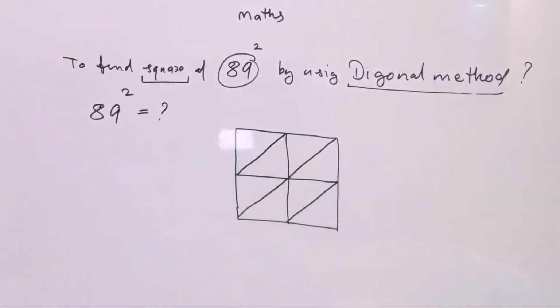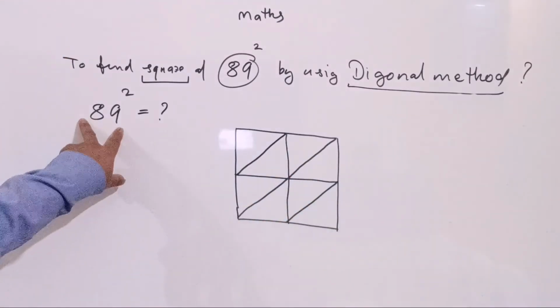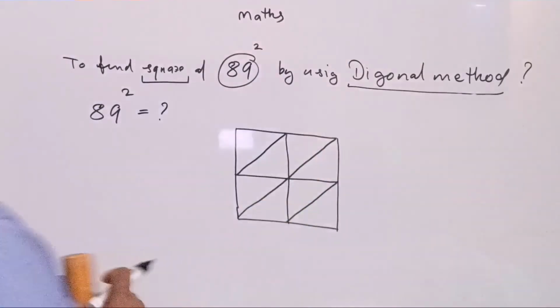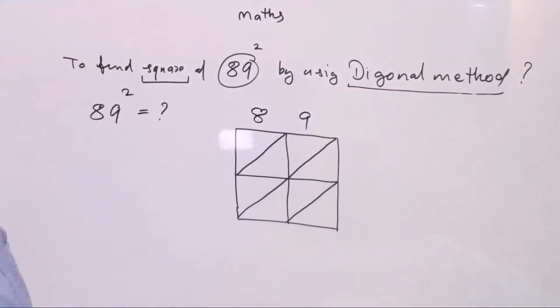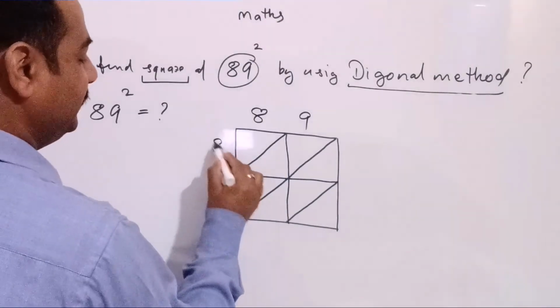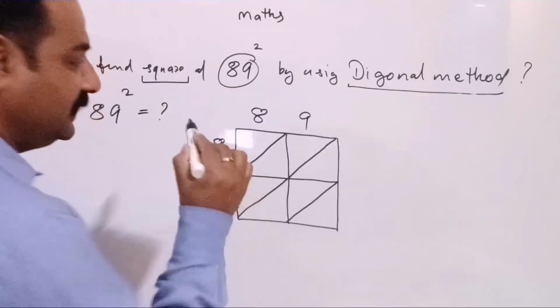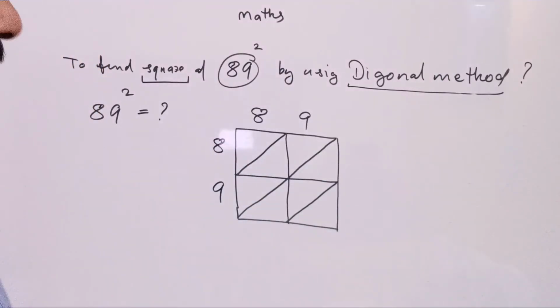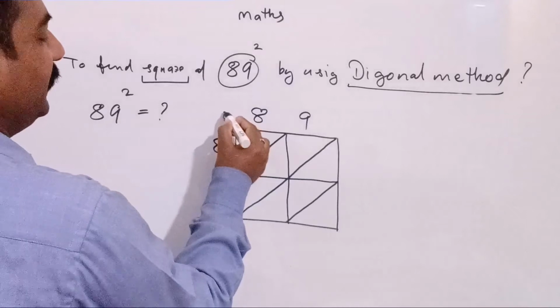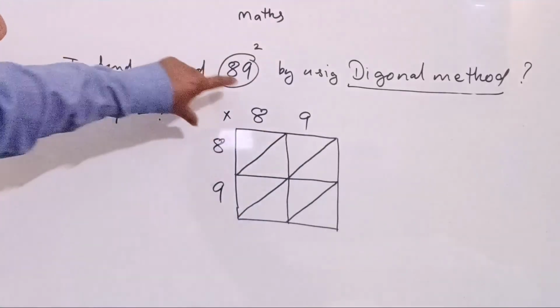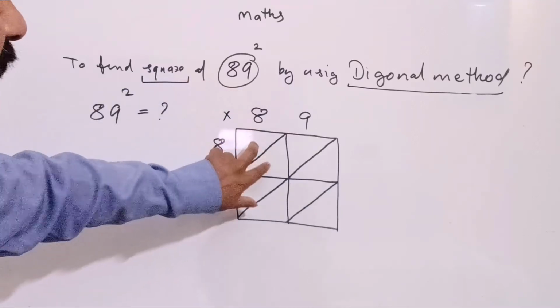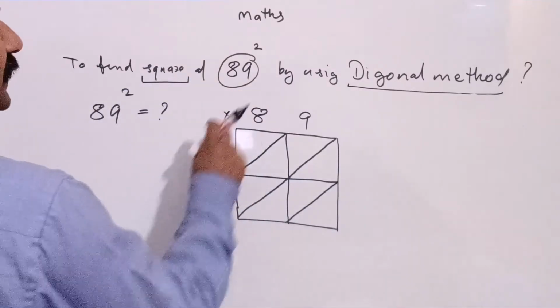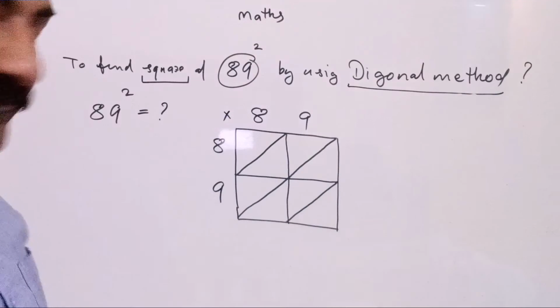Now you have to write these two values on the top. This is 8 and 9. Right? And in front of it, this is 8 and 9. Right? Now guys, we have to multiply these two values to fill the values here. So 8 into 8, this is 64.